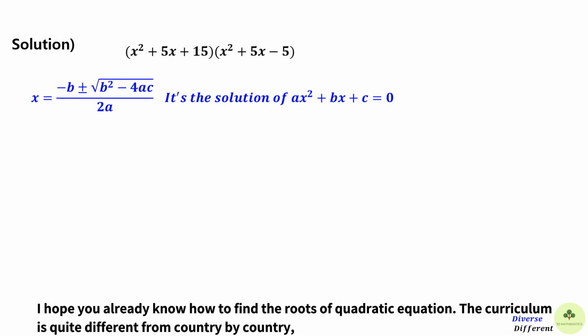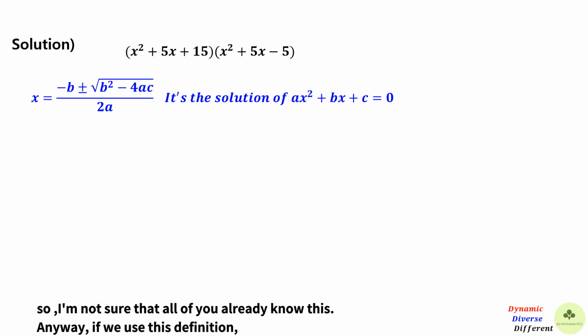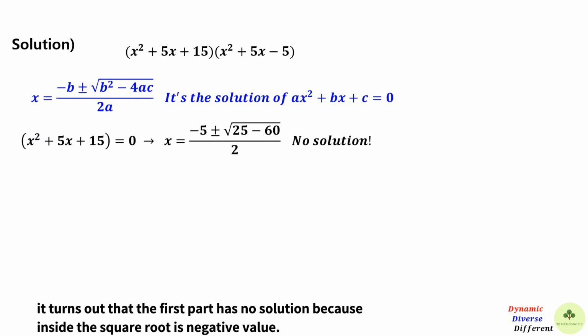I hope you already know how to find the roots of a quadratic equation. The curriculum is quite different from country to country, so I'm not sure that all of you already know this. Anyway, if we use this definition, it turns out that the first part has no solution because inside the square root is a negative value.